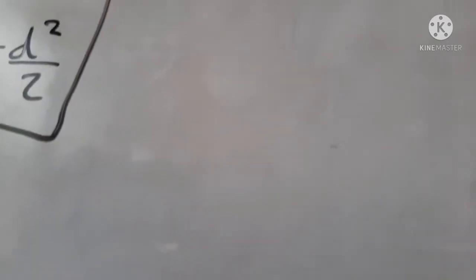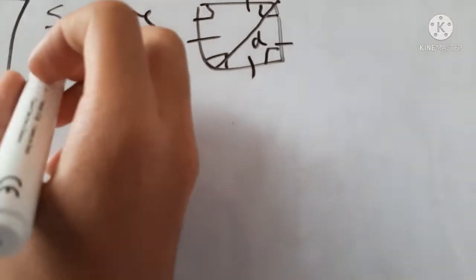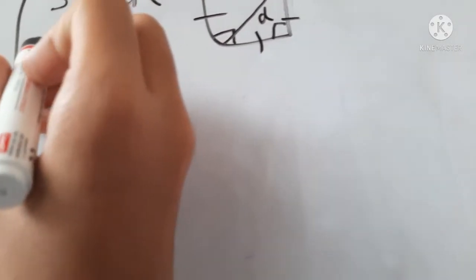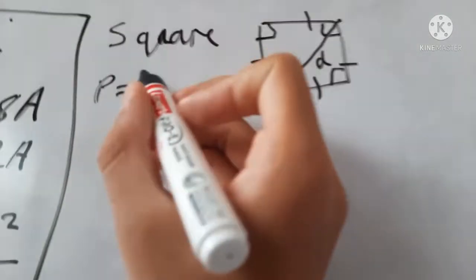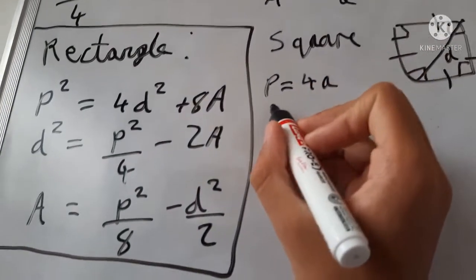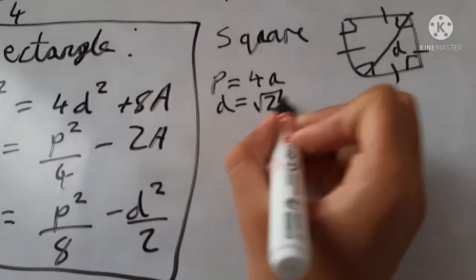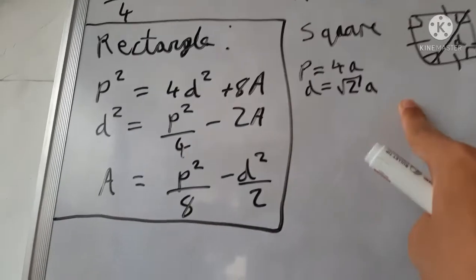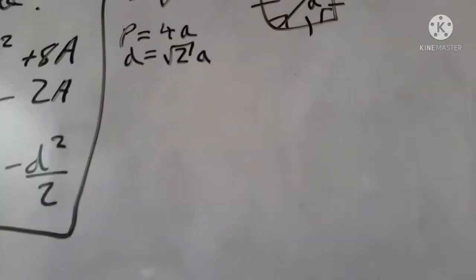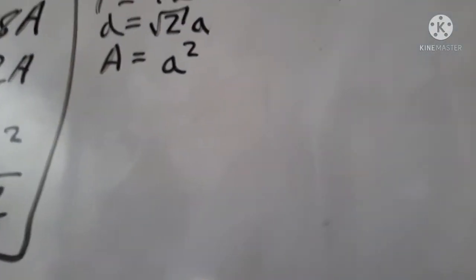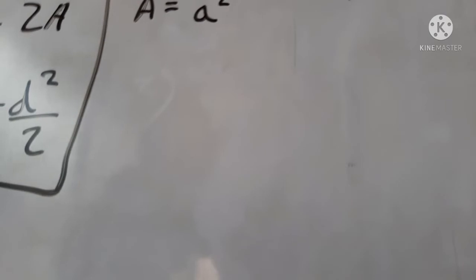So for a square, these are the rough things. The perimeter p of a square is 4 times a, and the diagonal is root 2 times a, by the Pythagorean theorem. And the area is a squared. How can we connect those?